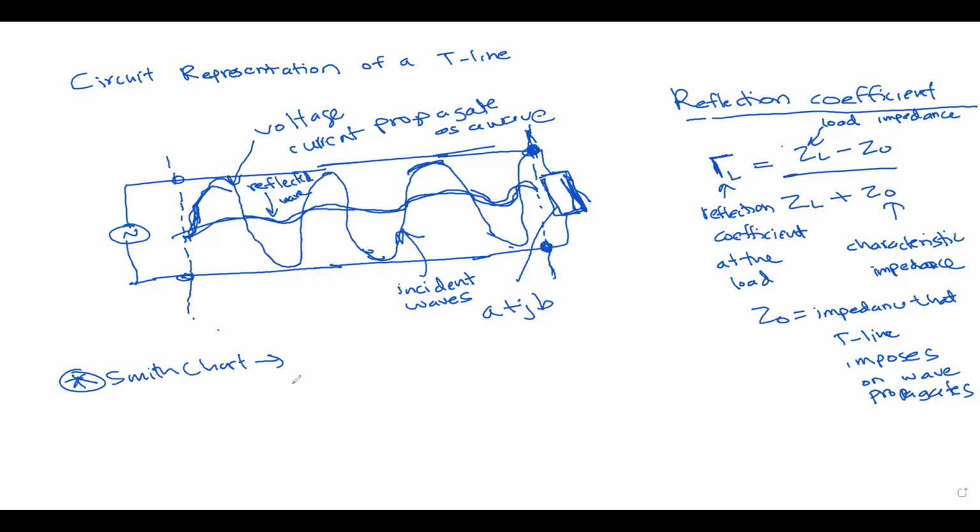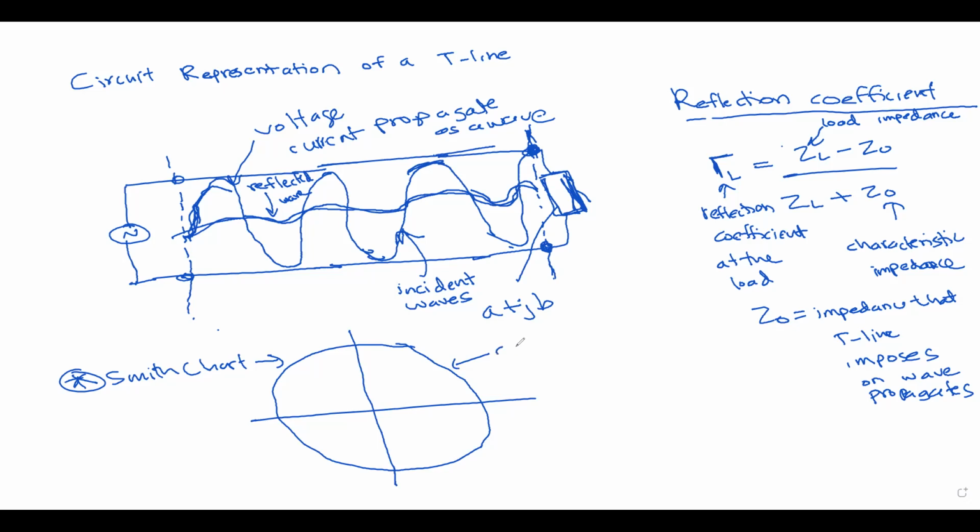I will explain a little bit about the Smith chart. The Smith chart is a chart which has a circular shape, and it can be used to denote the impedance of a transmission line at any point in the transmission line.